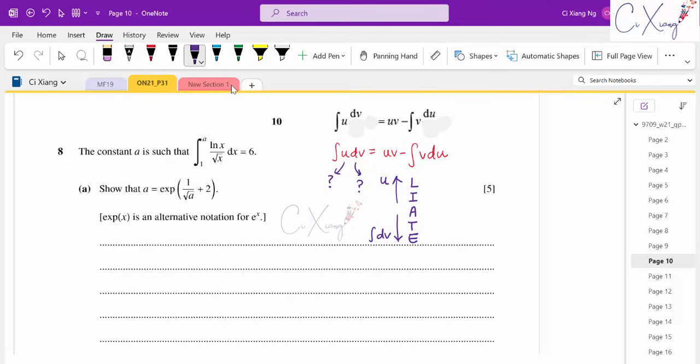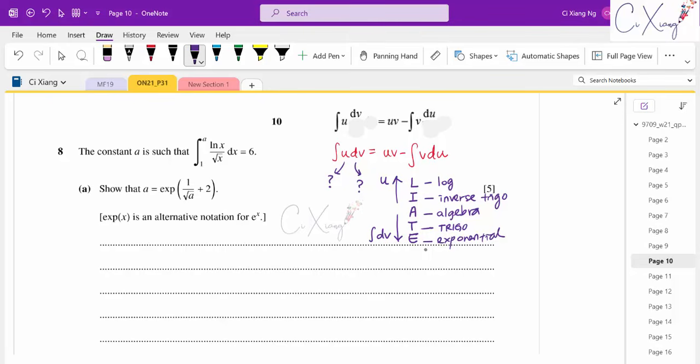L means logarithmic function, I means inverse trigo, A means algebra, T means trigo, and E means exponential function. So just recall it again. We are applying the LIATE rule here. The higher group will be the L, the lower group will be the E.